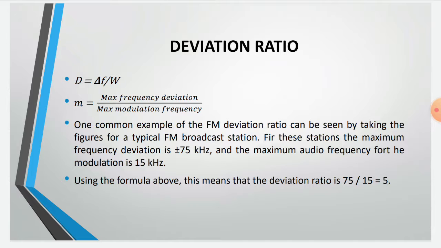For these stations, the maximum frequency deviation is plus or minus 75 kHz, and the maximum audio frequency for the modulation is 15 kHz. Using the formula above, this means that the deviation ratio is 75 over 15, which is equal to 5.